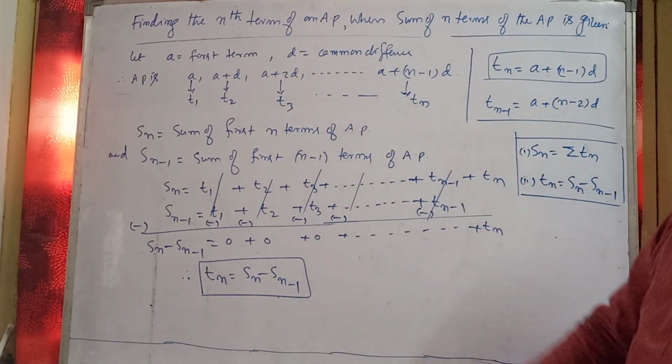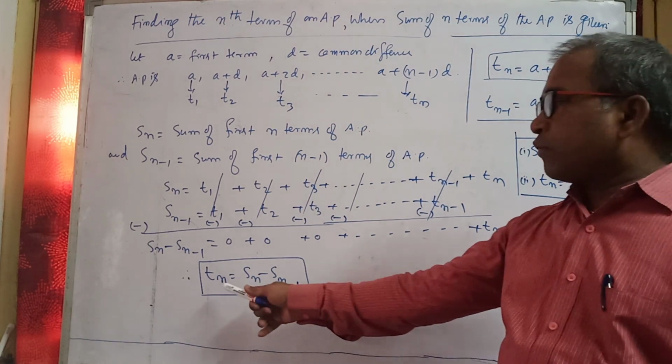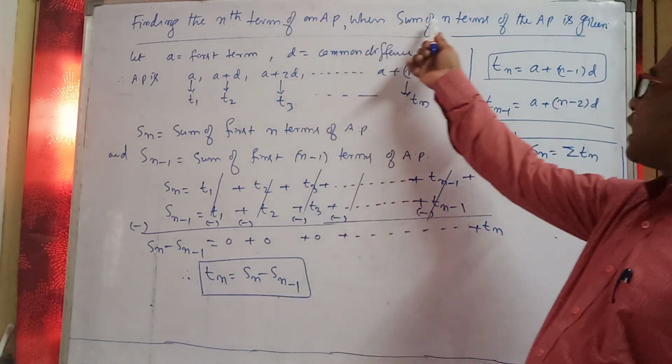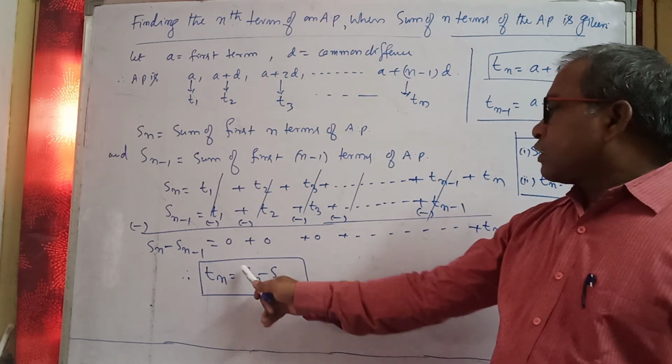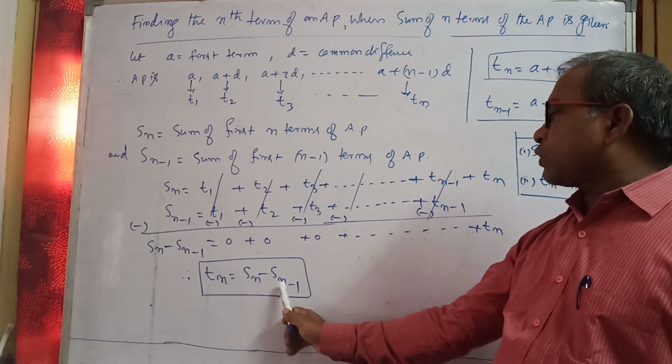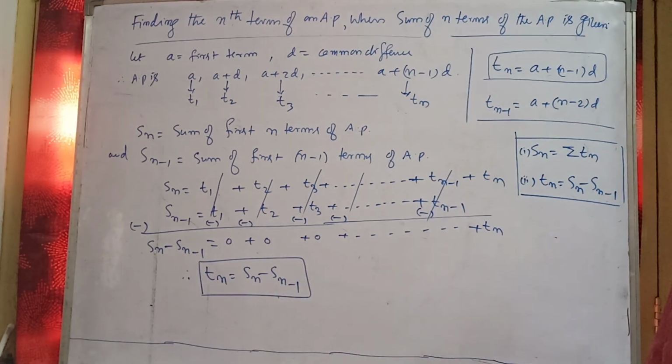Derivatives are not important, but to make for better understanding I am doing this also, but it won't take more than 1 or 2 steps. But remember how to find the nth term when the sum of n terms of an AP is given. This formula can be used: S suffix n minus S suffix n minus 1, if you write it in term suffix.